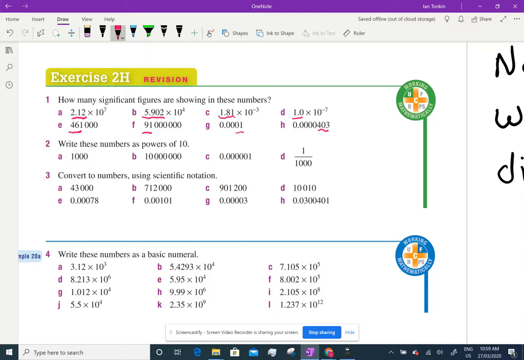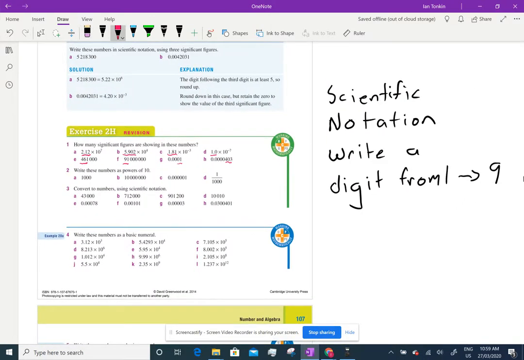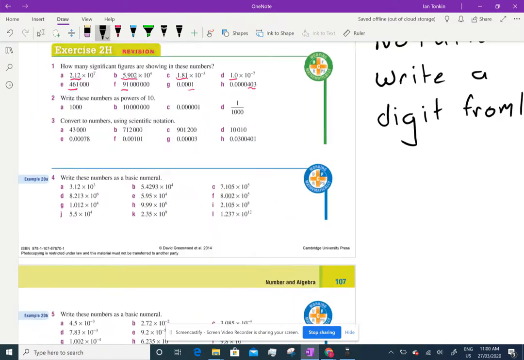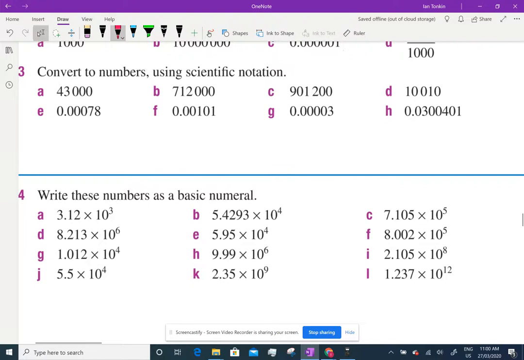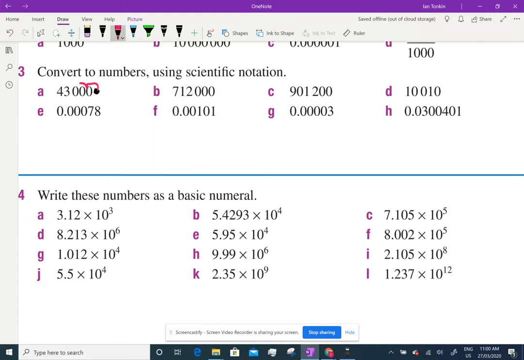Question 2, powers of 10, no worries. To convert these numbers here, now we're going to do this manually, but from after that, can you please use your calculator? So to convert to scientific notation, well, you have to move the decimal point. So what we're going to do is we're going to move the decimal point. The decimal point's currently here, and we're going to move it 1, 2, 3, 4 spots.